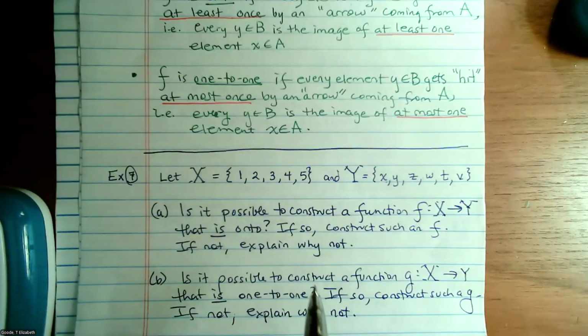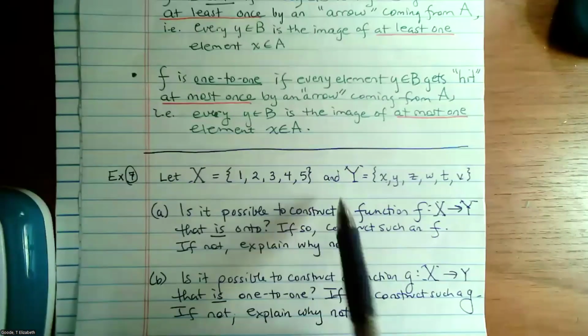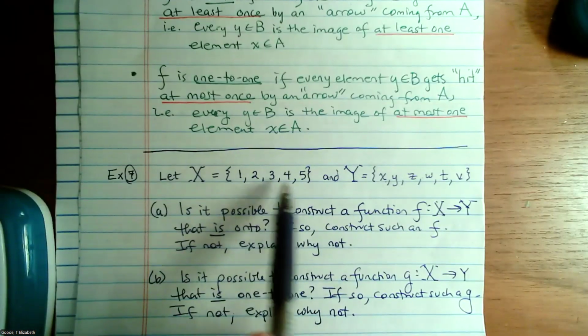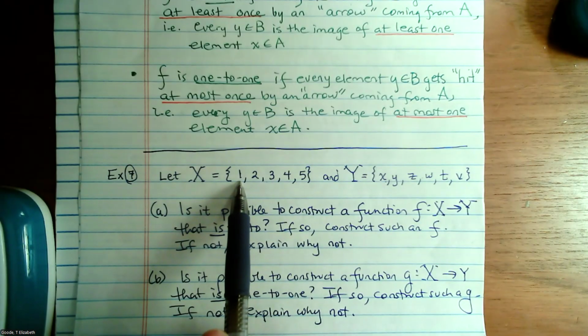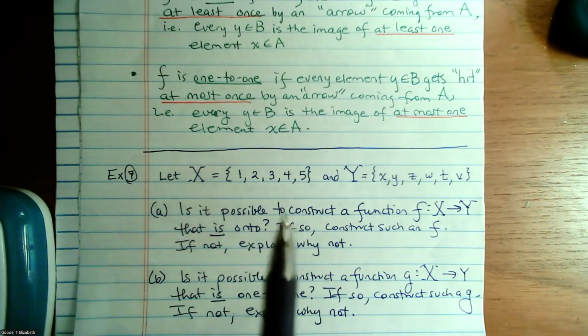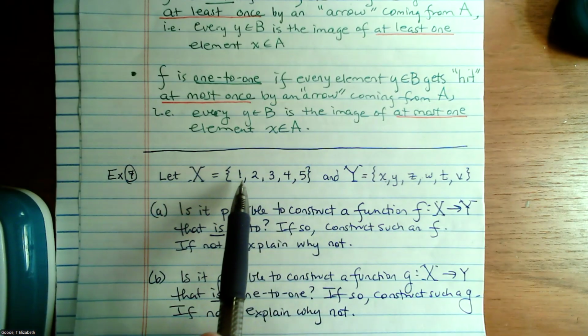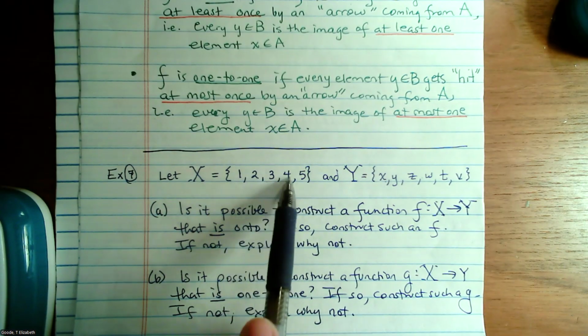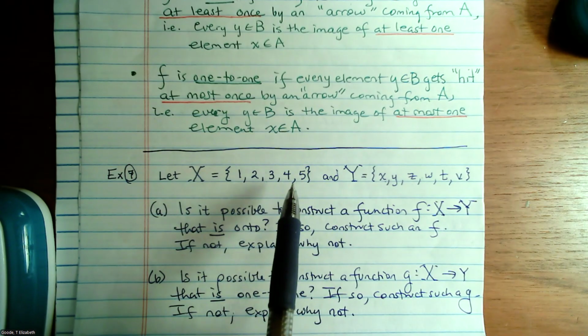Why not? Because X doesn't have enough elements for Y. Everybody see that? Every element of X is going to have exactly one arrow coming out of it. That's the definition of a function. The definition of a function basically says each domain element gets one arrow. Must have one arrow, can only have one arrow.